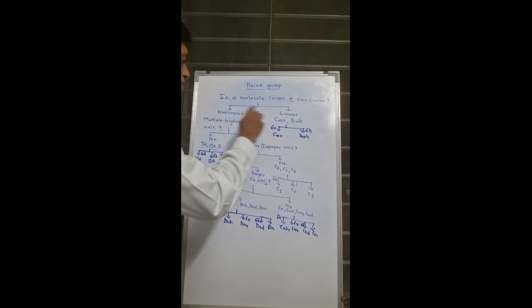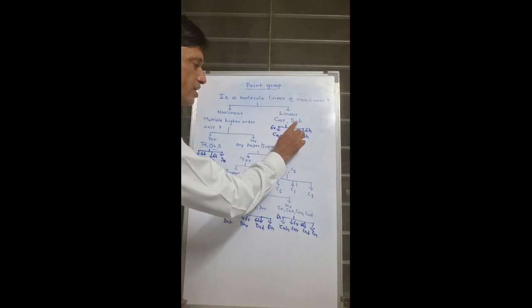Another molecule is C X Y Z W. This is a tetrahedral molecule. It means this molecule is non-linear. It means C infinity v and D infinity h point groups are absent.